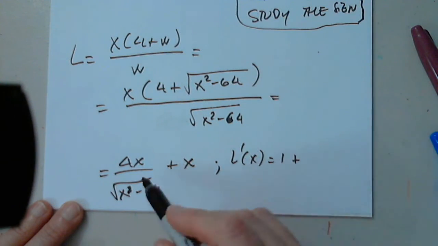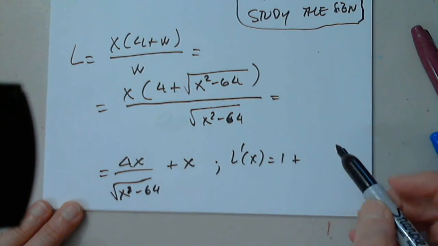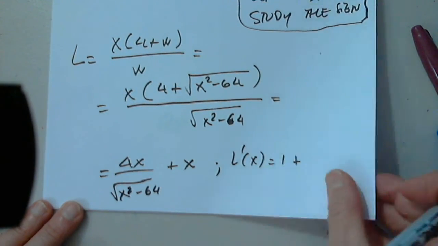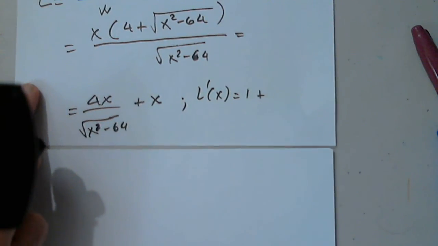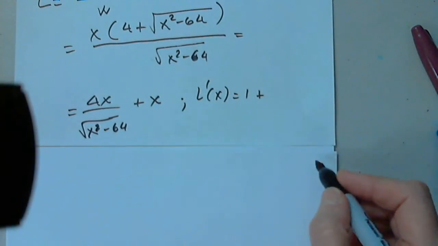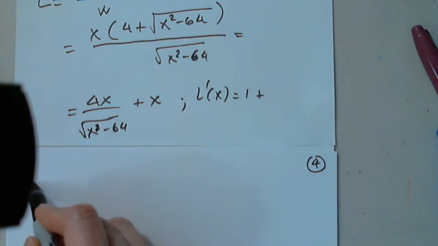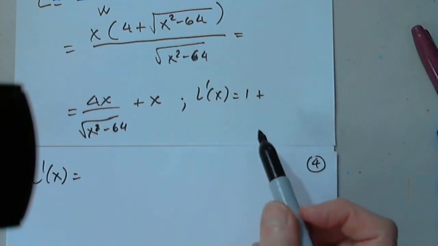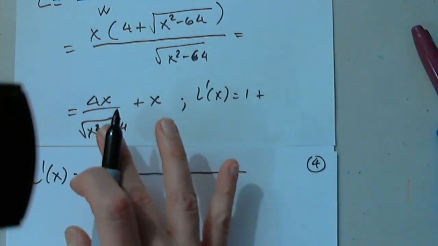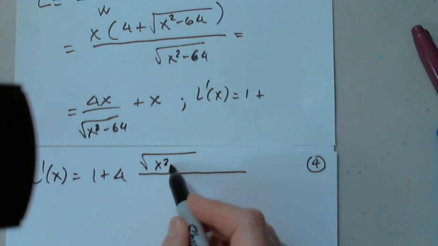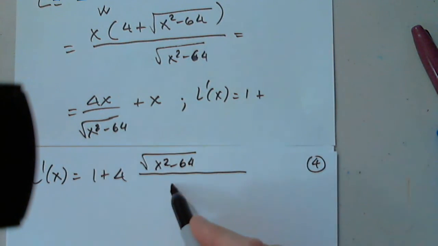So I have 1 plus, the numerator prime is 4. I'm not going to write it here because, as you know, I'm never able to finish in that little corner. This is much shorter. I'm glad I looked. So 1 plus 4 stays outside. The top prime is 1, the square root of x squared minus 64.